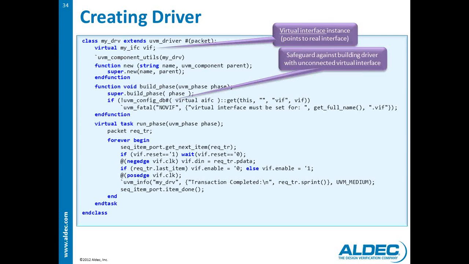And just to avoid a situation when accidentally we've got a driver, but it's not connected anywhere, in the build phase function, of course, it will be called when the hierarchy of our environment is built, we can add those precautions.